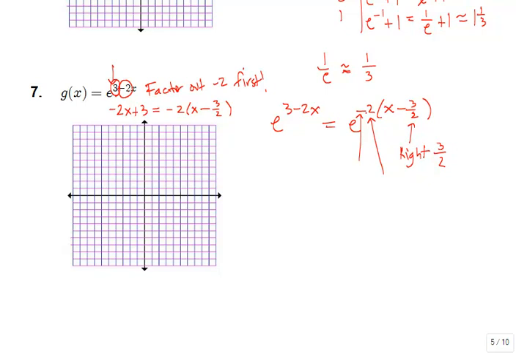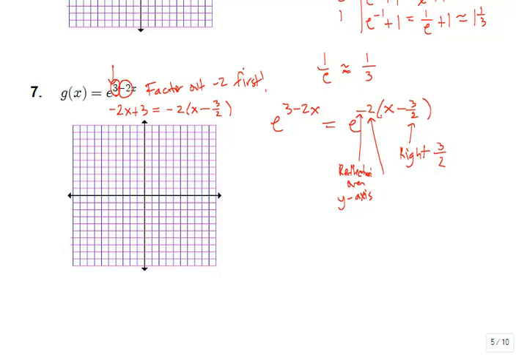The other transformations that I have are from this negative and also from this 2 as well. So the negative is up next to that x, so that's a horizontal reflection. So this is going to be a reflection over that y-axis again. And then the 2 on the outside is also next to that x, so that's going to be a horizontal transformation. Remember, when you multiply by a constant like this, that's either going to be a stretch or a compression. Since this number 2 is bigger than 1, we want to do, for horizontal directions, opposite of what we would expect.